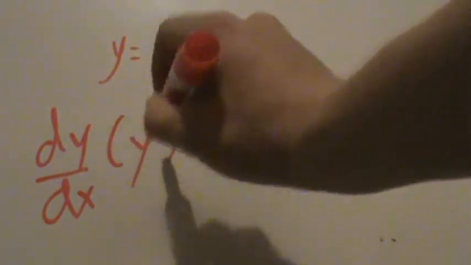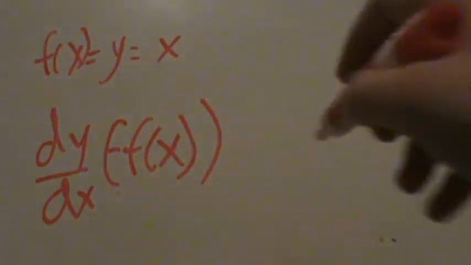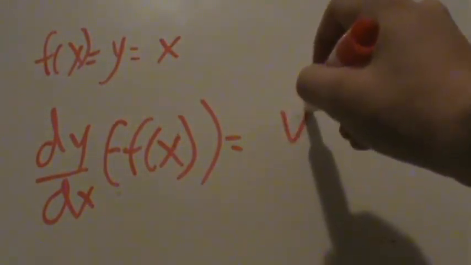Now, sometimes people like Newton notation. Let's say you have a function y, again y equals, let's say, x. If you wanted to find the dy dx, and let's say this is equal to f of x, then in terms of f of x this will be equal to y dot.